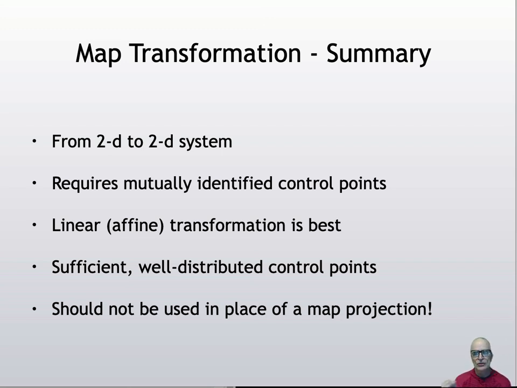And you shouldn't use this when you can use the map projection. When you know the input or source projection, then you just use the projection engine or a projection command to get it out to a different projection. So don't use this when you know the coordinate systems on both. You only use it when you have an arbitrary coordinate system to begin with. Hope that helps. Hope this tool at some point in the future may be useful to you.